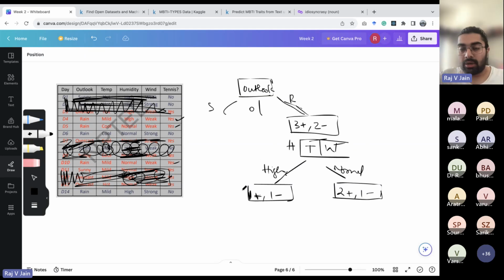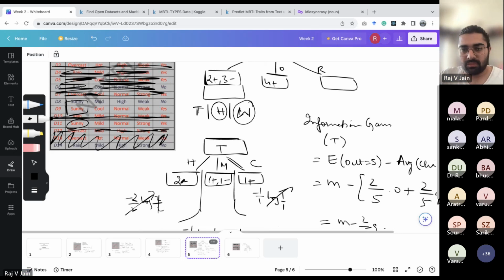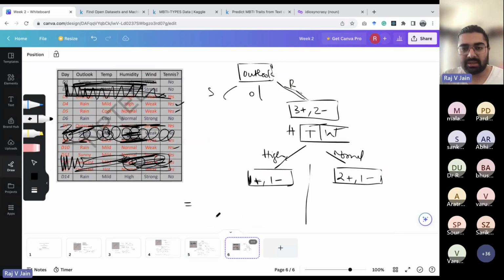Now the same procedure again. What is the entropy of the tennis variable in this particular node? Anyone wants to take a gander? What's the formula and then the value? Yeah, one is correct. So same as last time, right? Same procedure as the value we did for mild. Same, we're seeing 1 plus 1 minus, right?